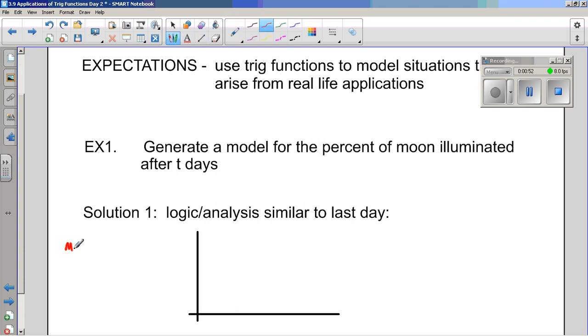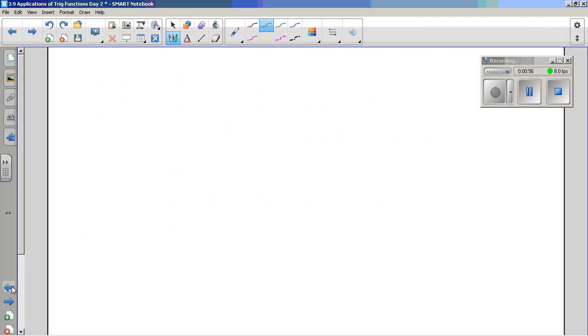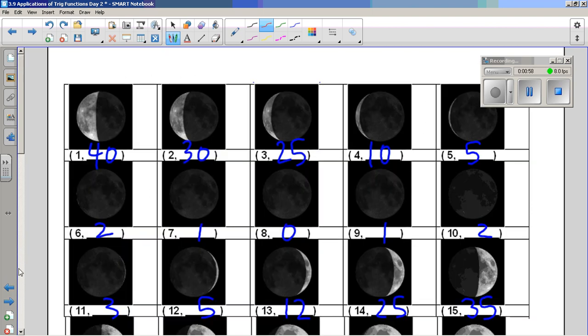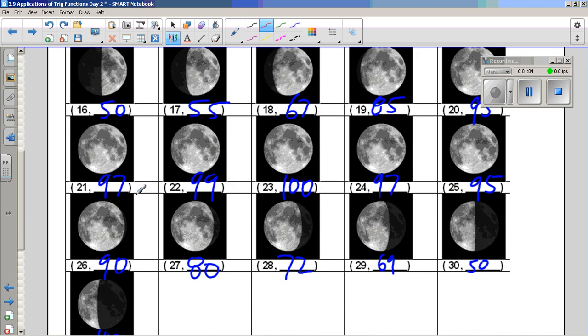The minimum would have been when the moon was new, so day 8, 0%, and the full moon, according to this data, was after day 23.